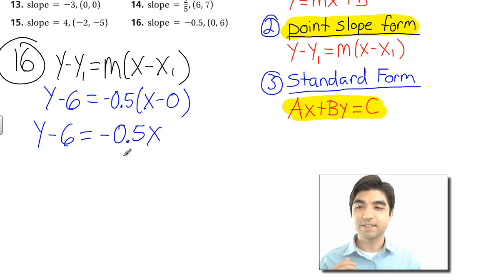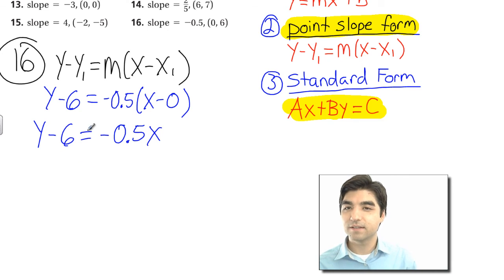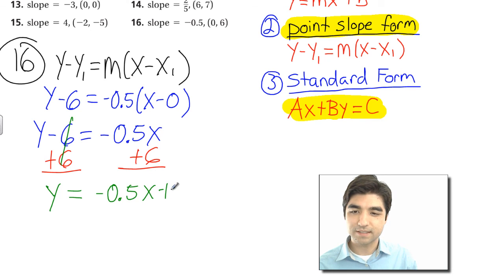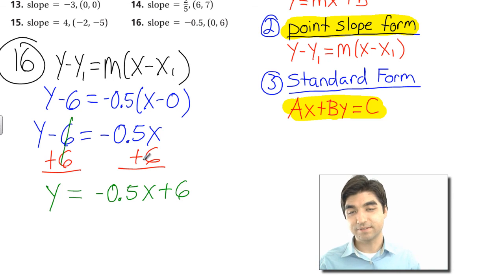Okay, again, same process. We need to get the 6 over to the right and the x over to the left. So we need to add 6. So the 6's are going to cancel out. And then we have y equals negative 0.5x plus 6. Okay. Now we need to get the x over to the left hand side.